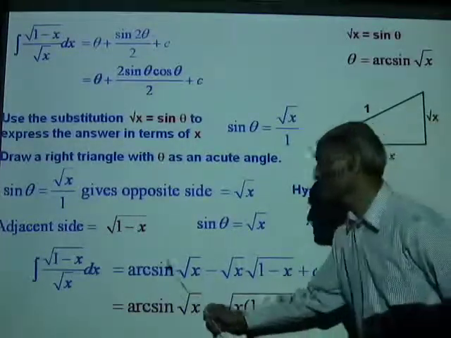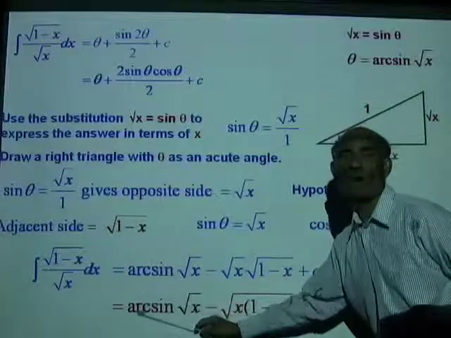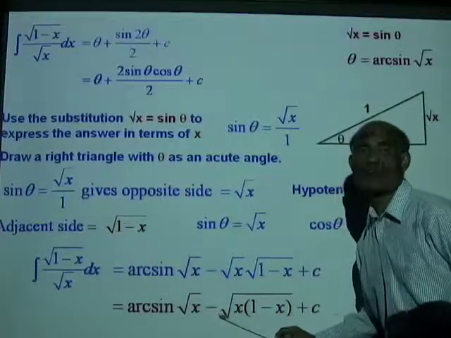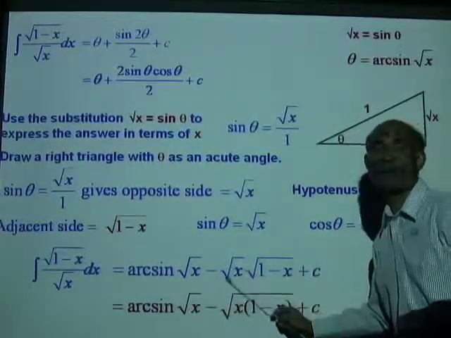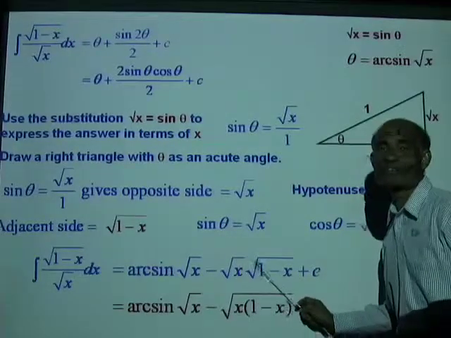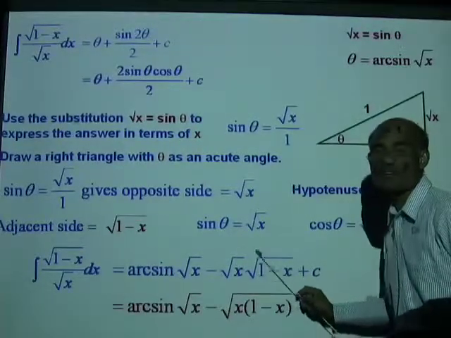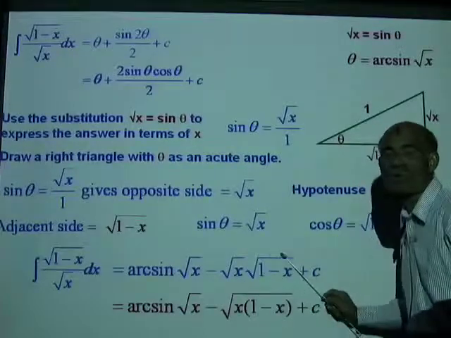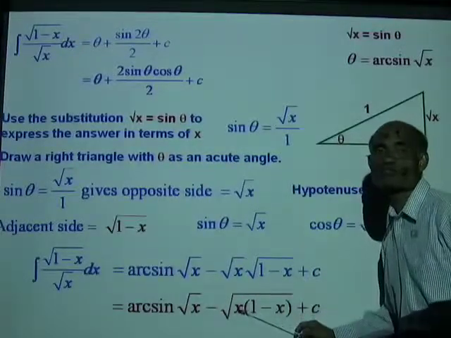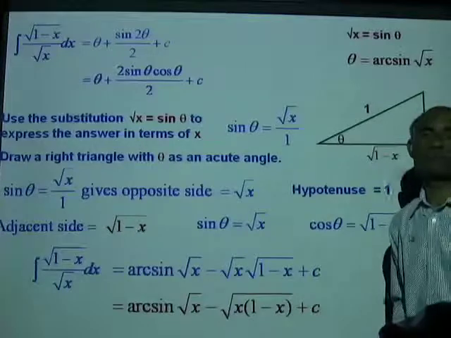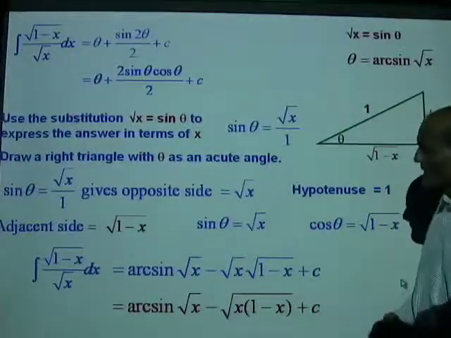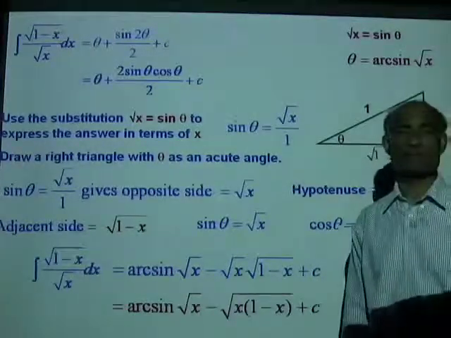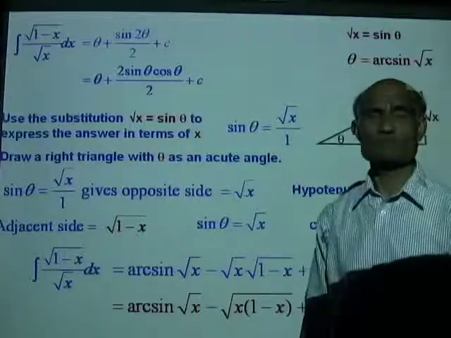No, there's nothing you can factor out. So that will be arc sine square root x minus square root of, since square root of x times square root of 1 minus x, we can put that whole thing in one square root as square root of x times 1 minus x, plus c, and that is the result. All right.